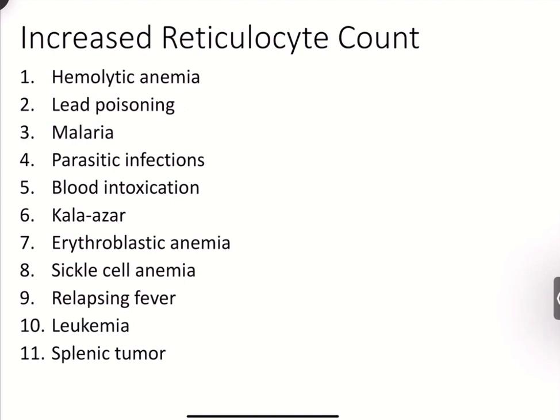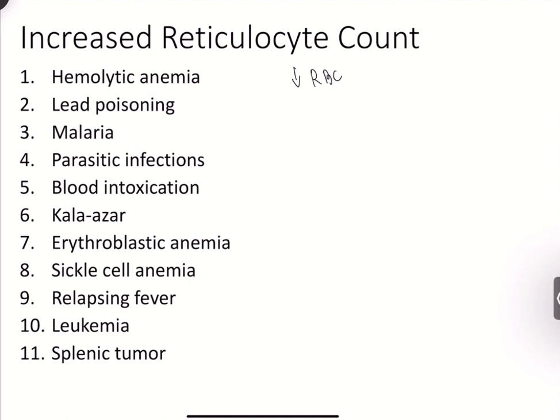So these diseases decrease your RBC count. How? Some of these diseases destroy your RBC. Some of these prevent your red blood cells from being produced in the bone marrow.